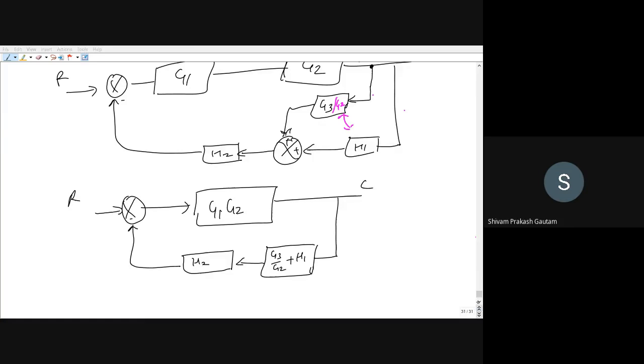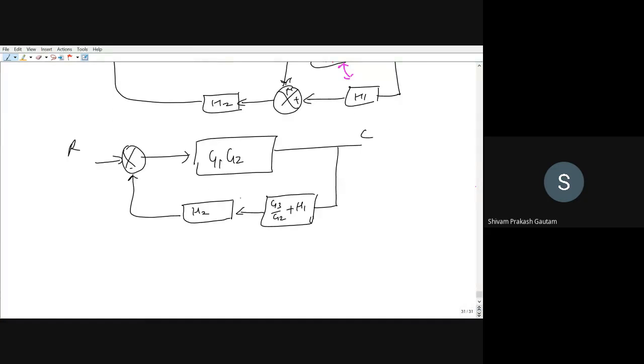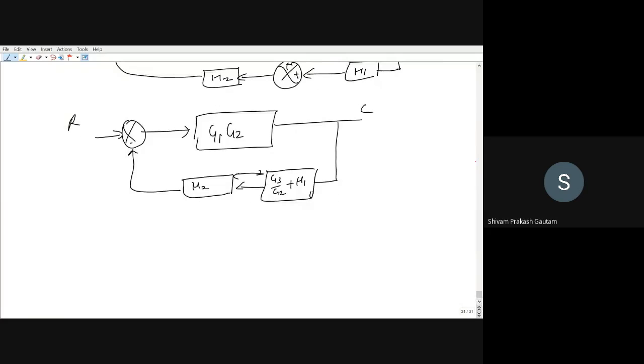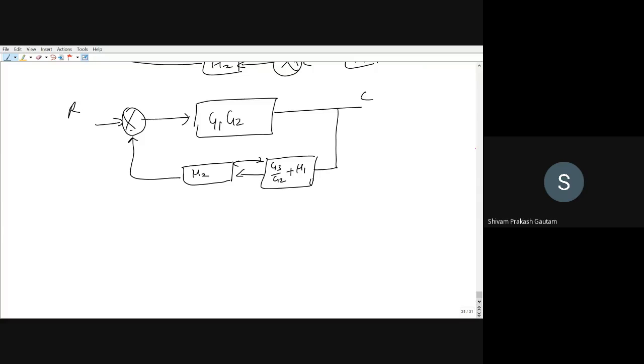No, sir. Okay. Now see, these two are in cascade, is it not? Let me connect them in cascade also.